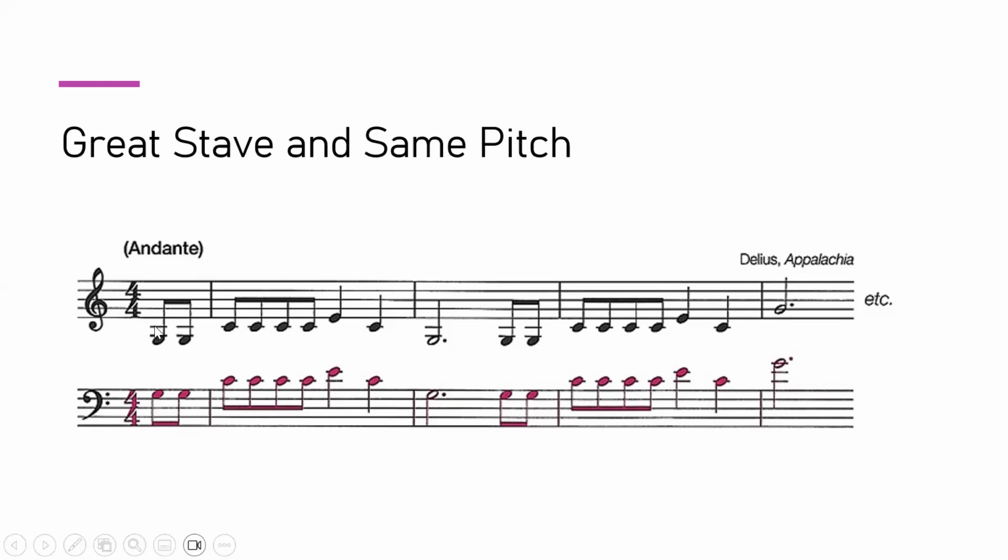This is C, B, A, G. So it means that these two notes are G, G. Now, when you're bringing it down to the bass stave, you're going to be having G, G. You can see that these are in the space. Also, they'll be in the space when it comes to the bass stave.